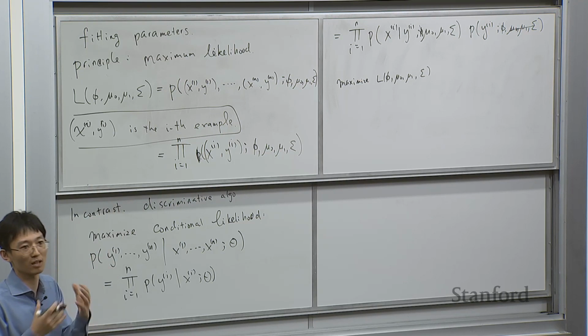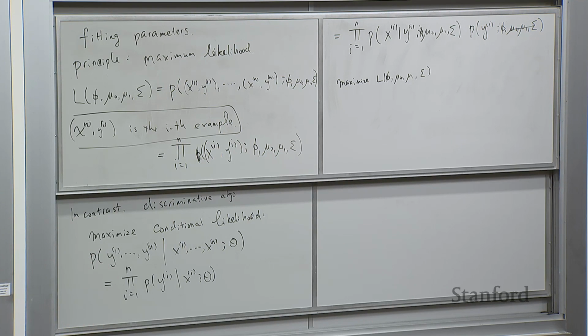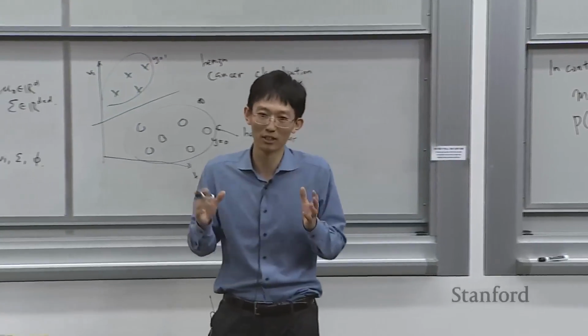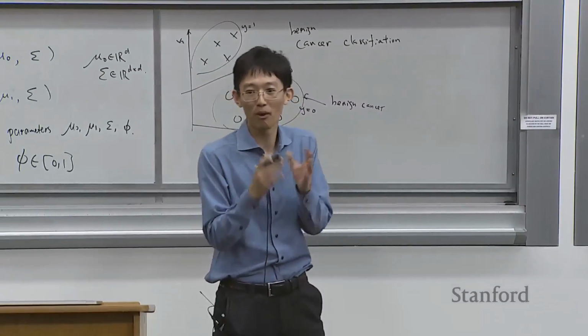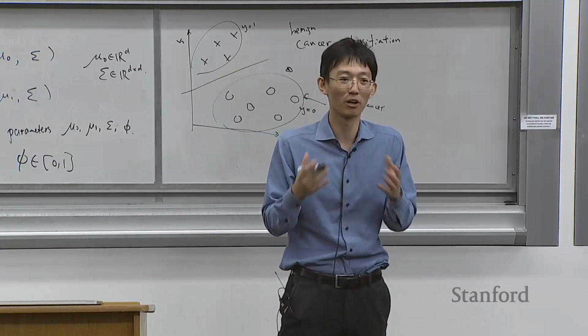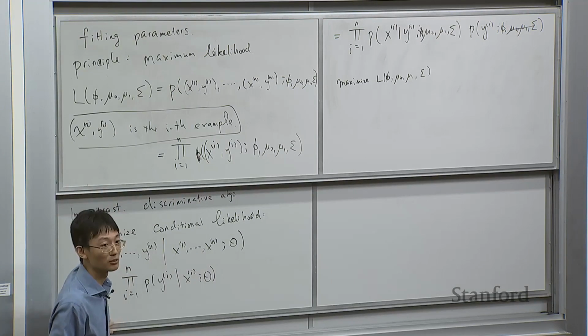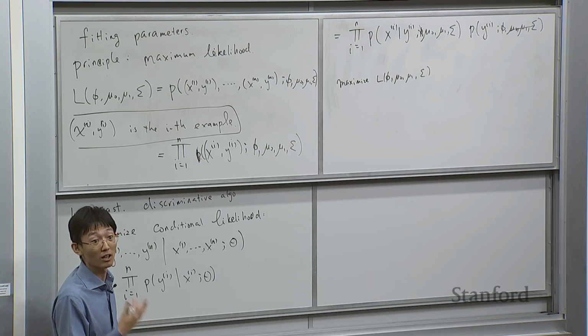You are making some assumptions on both x and y, and here you're only making assumptions on y given x. So it's really about how many assumptions you impose on the structure of your data. There's a whole universe, right? You cannot model everything. So you choose some part of the quantities you can model, and the decision here is that you model both x and y, and the decision there is you only model part of it, and that will cause some differences in certain cases.